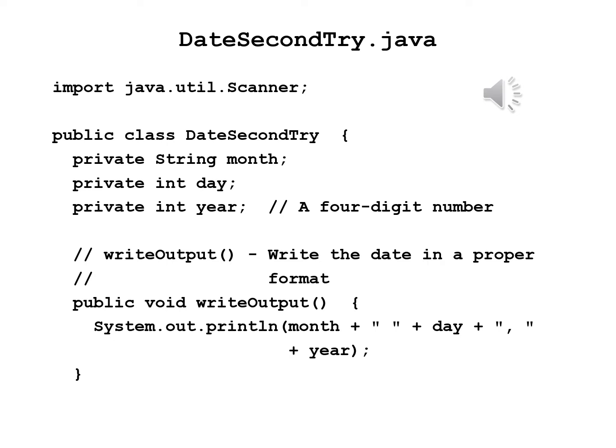And now we define the method writeOutput, beginning with a comment. Write the date in a proper format. Public void writeOutput, open and close parenthesis, open brace. System.out.println, open parenthesis, month, plus, quote, blank quote, plus day, plus, quote, comma, blank quote, plus year, close parenthesis, semicolon, close brace to end the method.